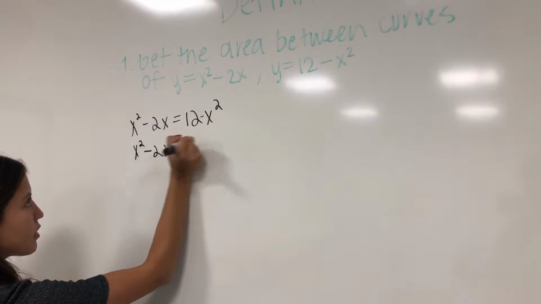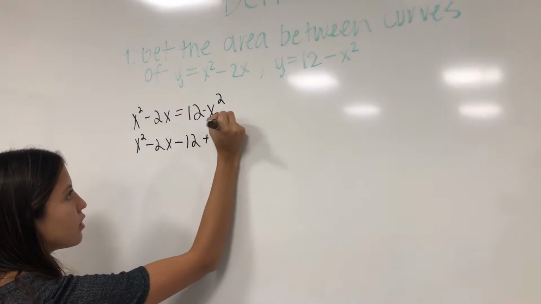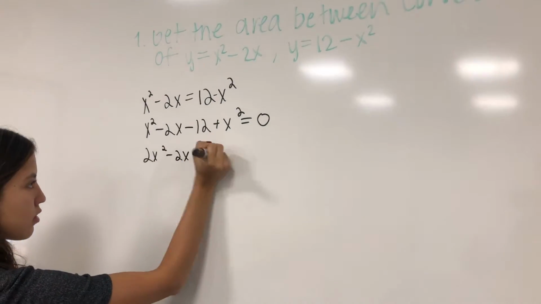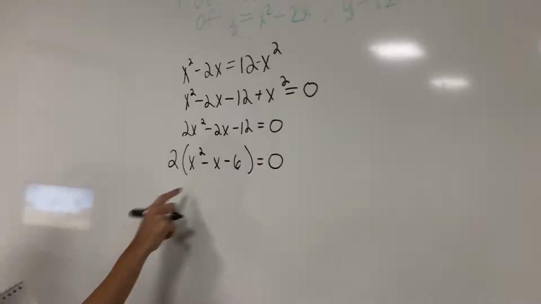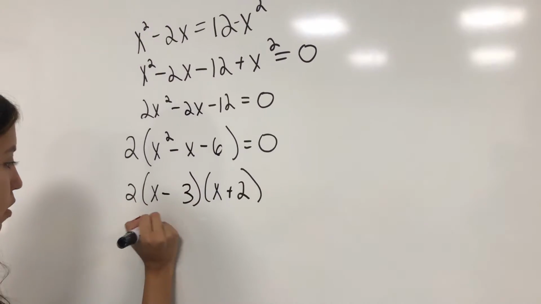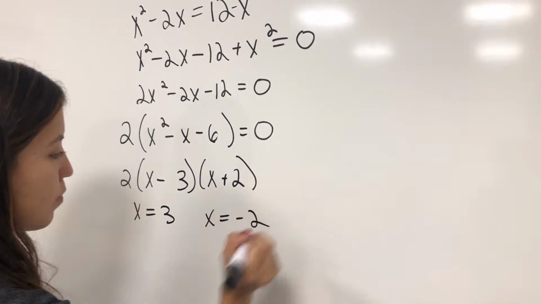So you pass everything to the same side. So one intercept is x equals 3 and the other one is x equals -2.